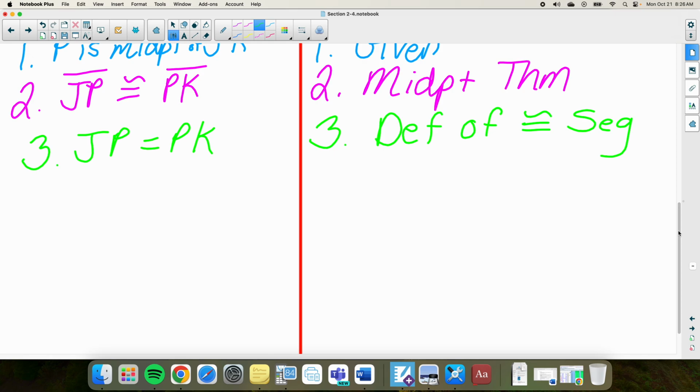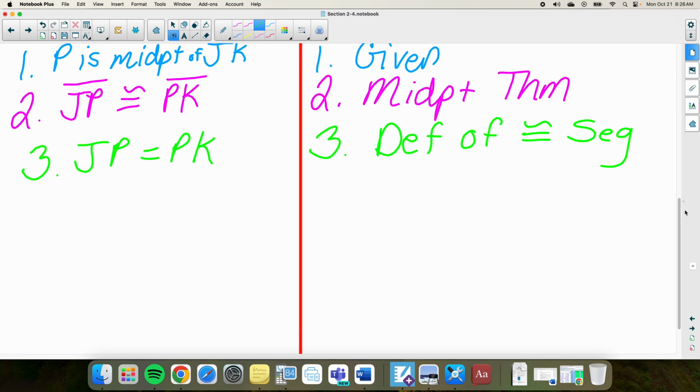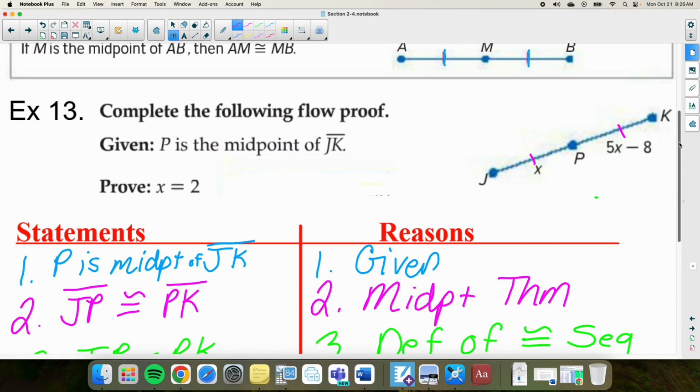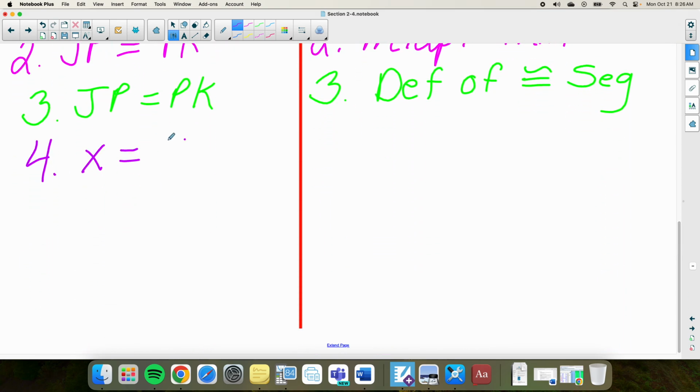If you look down here at this diagram, JP equals x, so I can substitute x in for JP. We also know that PK is 5x minus 8, so I can substitute that in here too.